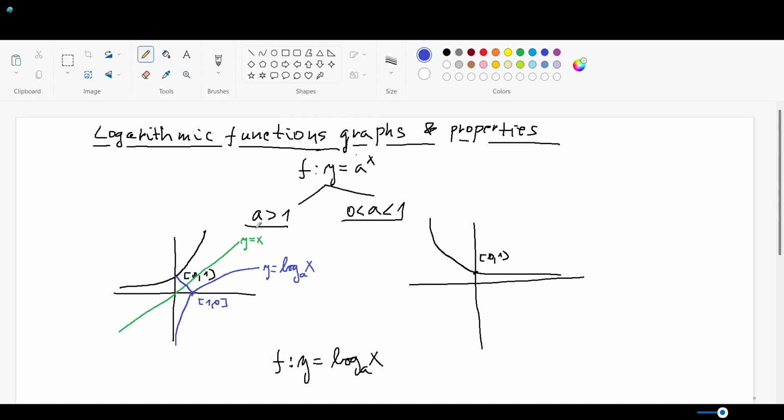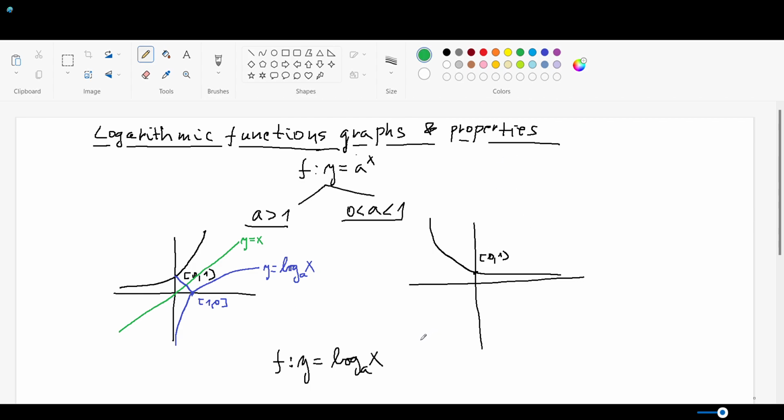As you can see, and I will summarize the properties of this graph later on, the exponential is increasing and the logarithmic function is increasing as well, though what has changed is the domain and the range, but this is normal for inverse functions.